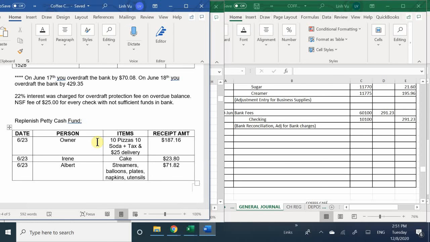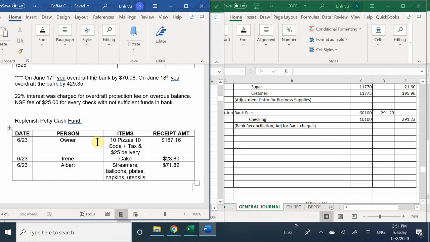So here is the petty cash ledger that you guys were talking about, giving a list of the dates, as well as who took the money out, what the item was for, and what the receipt amount was. Again, the owner, Bob Mason, bought 10 pizzas and 10 sodas, with tax and everything, plus a $25 delivery fee, giving you a grand total of $187.16.